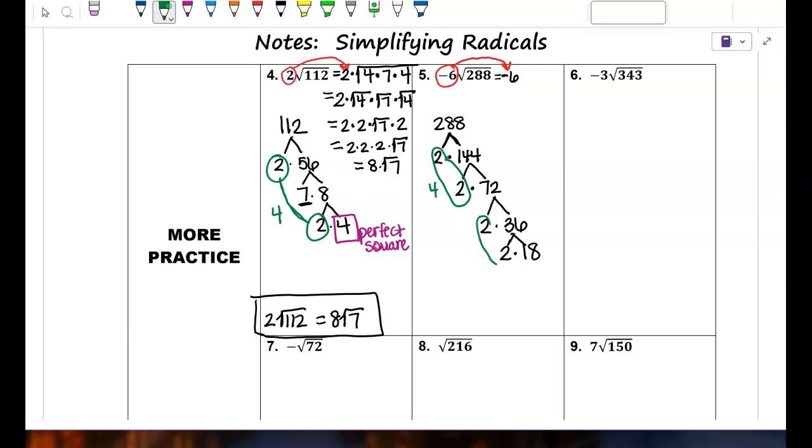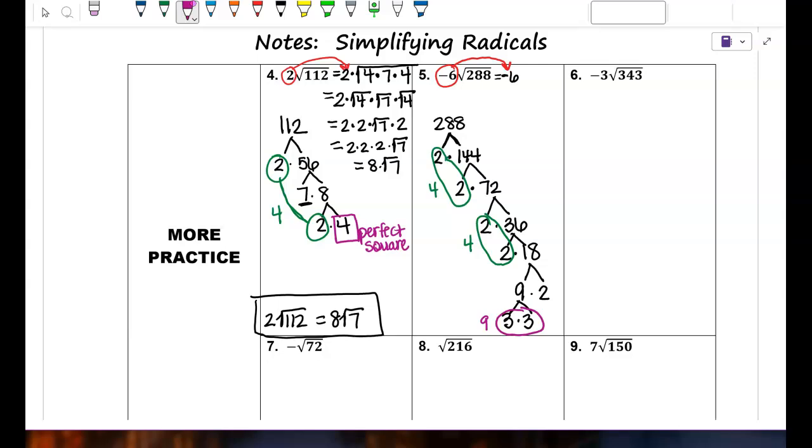Okay, so there's a second set of 2, which is 4. And then we said, well, 18 is 9 times 2. And 9 is 3 times 3. Some of us went all the way down to here, which is fine. But we could have stopped.